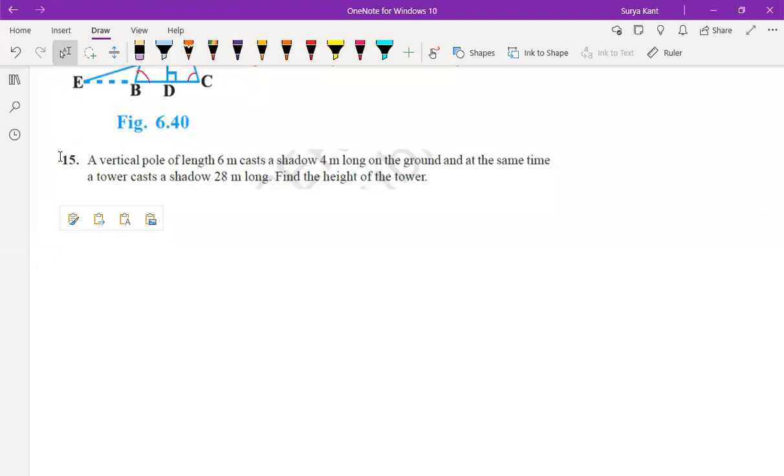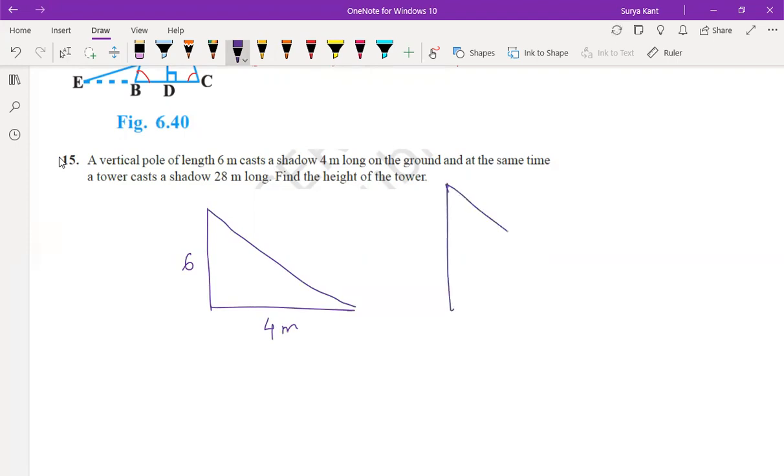Find the height of the tower. So the pole's height is 6 and its shadow is 4 meter long on the ground. At the same time, the tower casts a shadow 28 meter long. Find the height of the tower.